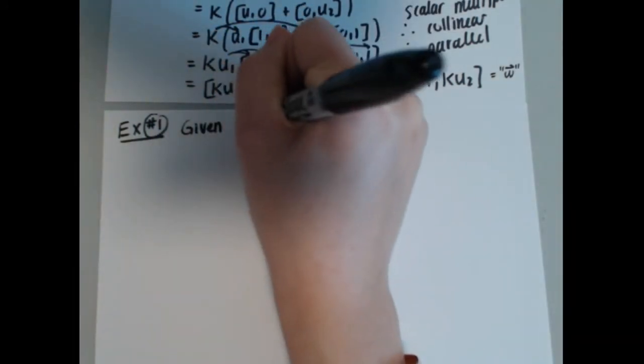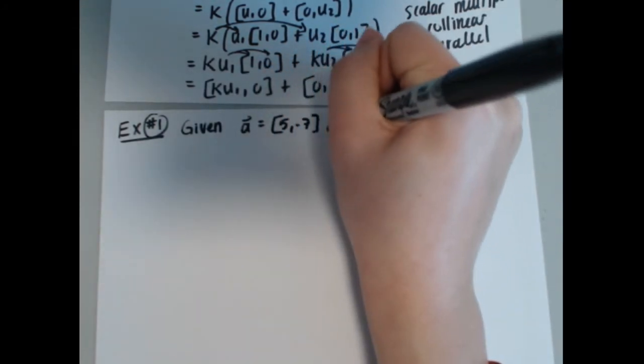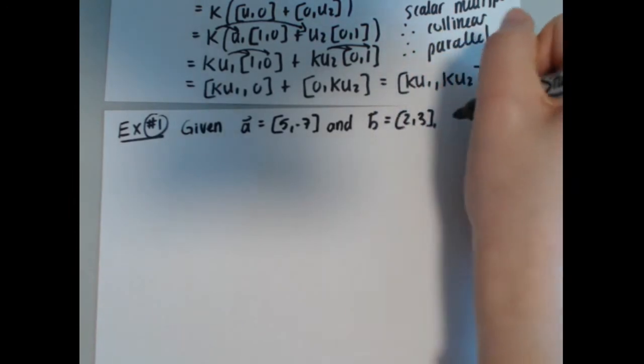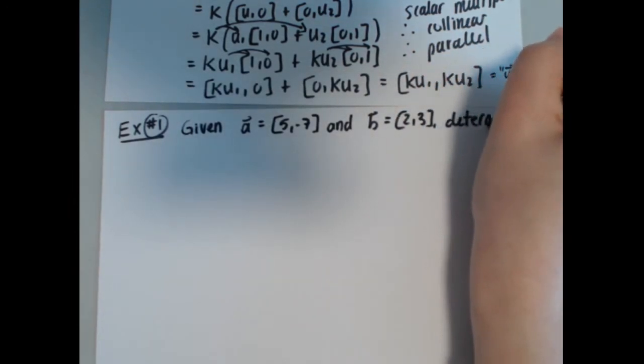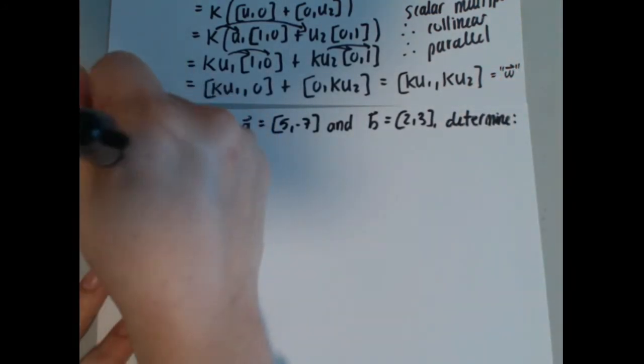Given vector A, so that's 5, comma, -7, and vector B, which is 2, comma, 3, determine, right, so there's actually going to be a lot of parts to this question.